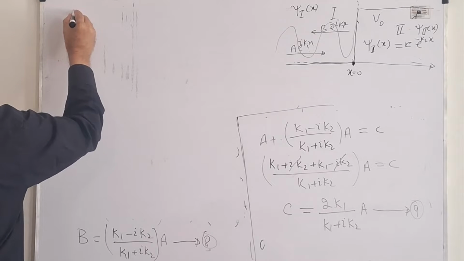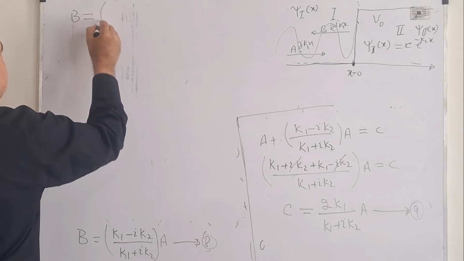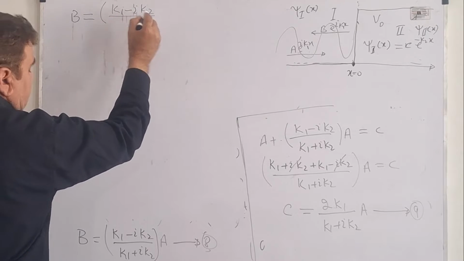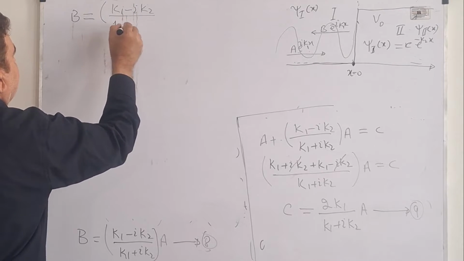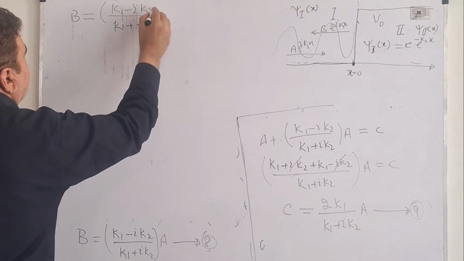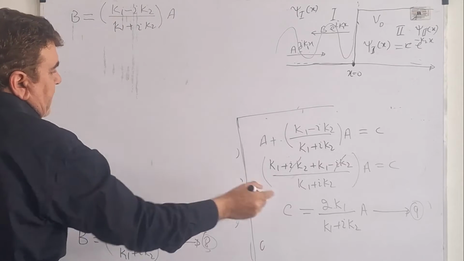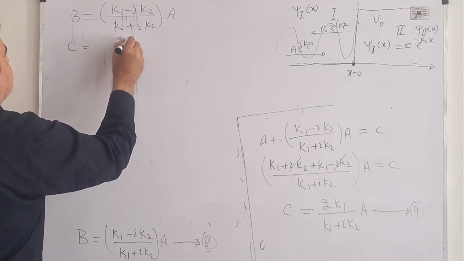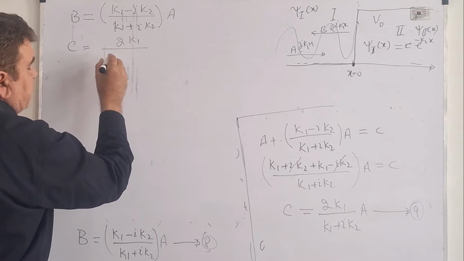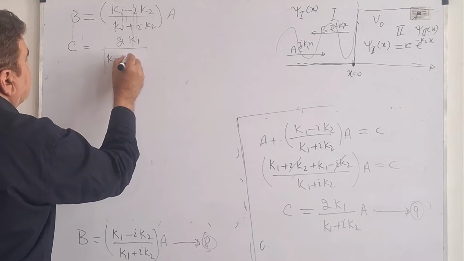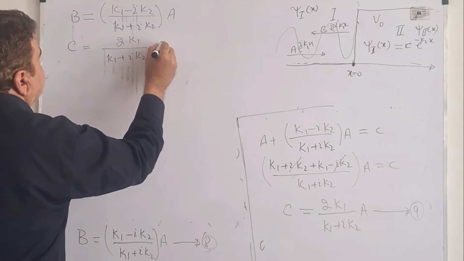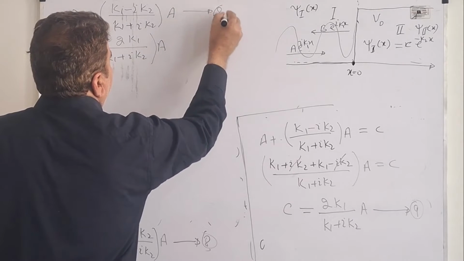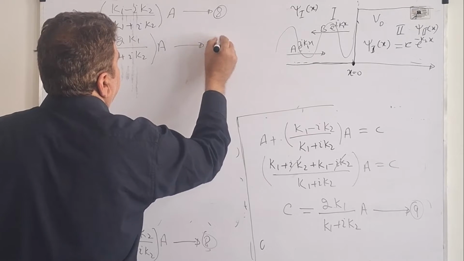So you know, B equals (k1 minus iota k2) divided by (k1 plus iota k2) times A, and C equals 2 times k1 divided by (k1 plus iota k2) times A. So this is equation 8 from our previous video, and this is equation 9.